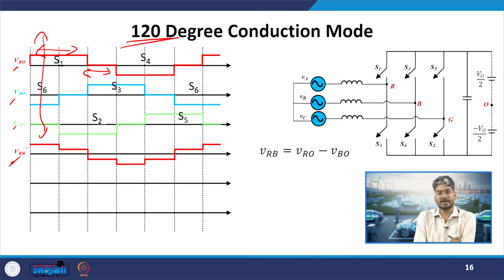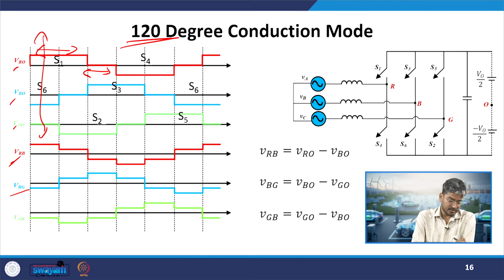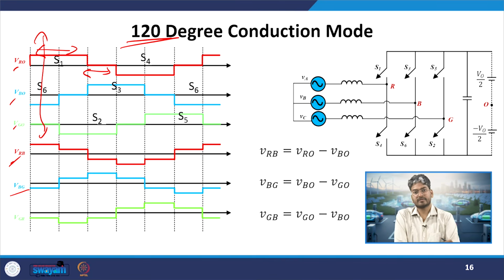Now, when I calculate the line voltage as the difference between the two respective pole voltages, I will see that the line voltage has a 3-step waveform. In this case, this will be the B phase voltage and the GR voltage.